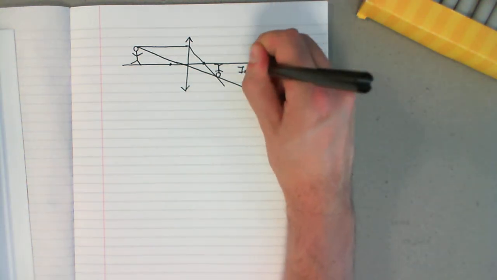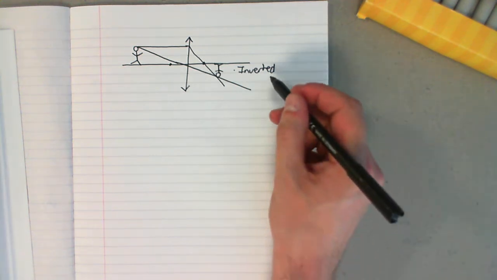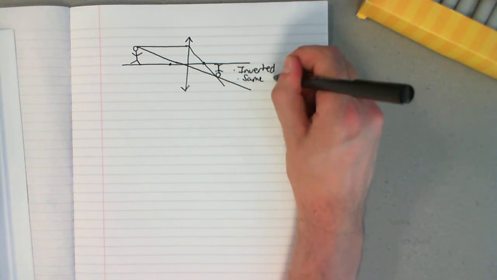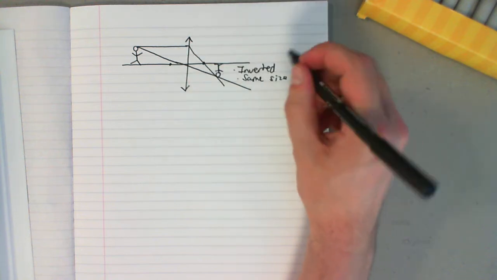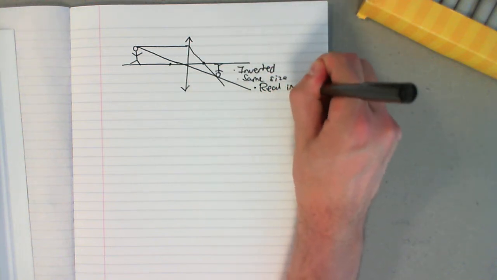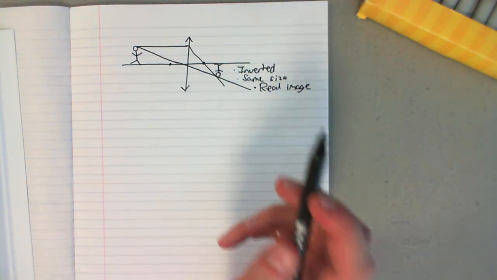It's really important to say if the image is inverted or the right way up. In this case it's inverted, it's the same size, and because we could project this onto a screen, it is a real image. For convex lenses like this, we always get real images.